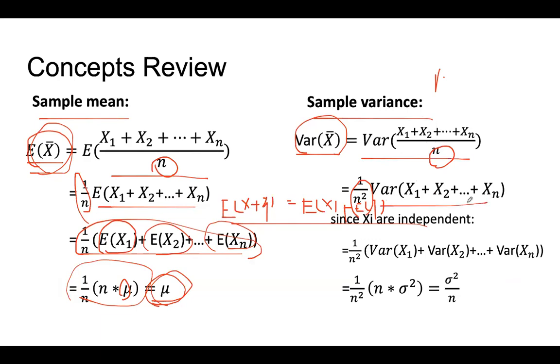So here is the variance of the sum of the x's, and at this time independence is really important. I didn't mention it for the previous line, because for the linearity of expectation we don't care whether they are dependent or not. But when you calculate the variance, dependence is really important.